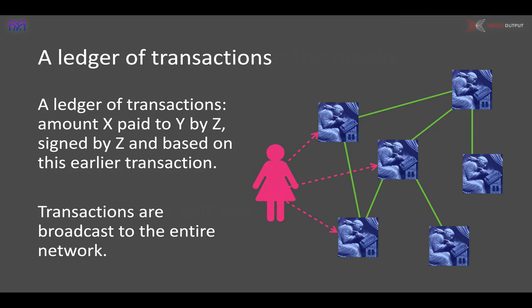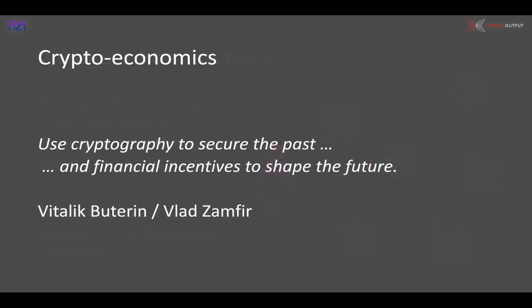Now, what we do is, as you can see here, if a transaction has been made, we broadcast that across the network. But then we have to think, well, how will that be secured? And I guess the key to this is there are two things going on here. In order to make sure that things are not changed, the history isn't rewritten, we use cryptography. I'm not going to talk about cryptography at all in these videos.